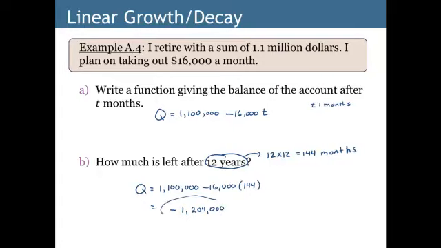So actually, if I took out $16,000 a month like that, there's no way I could last that long. I'd be way in the hole after 12 years. So I'd need to withdraw less, or maybe I need to delay retirement. I don't know.